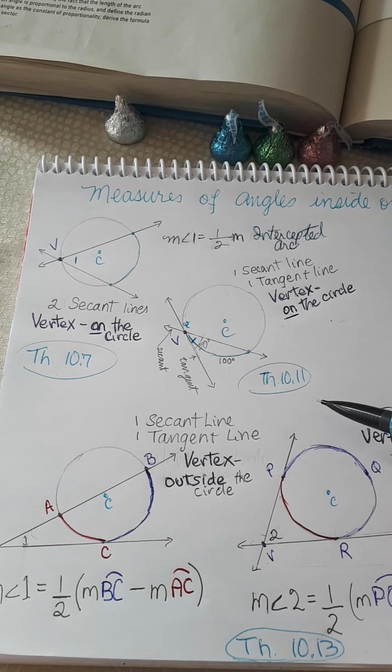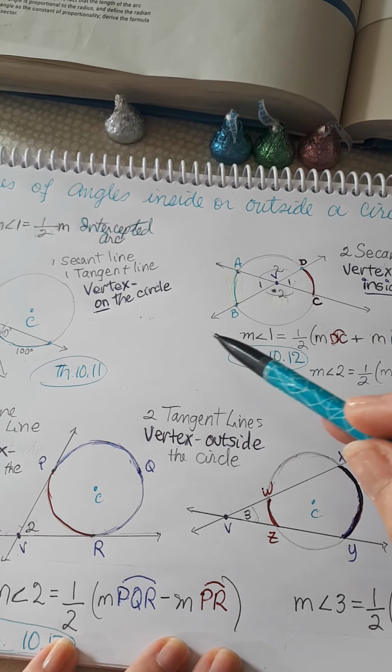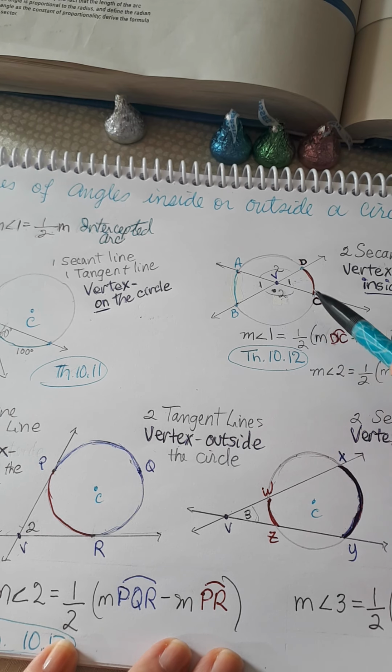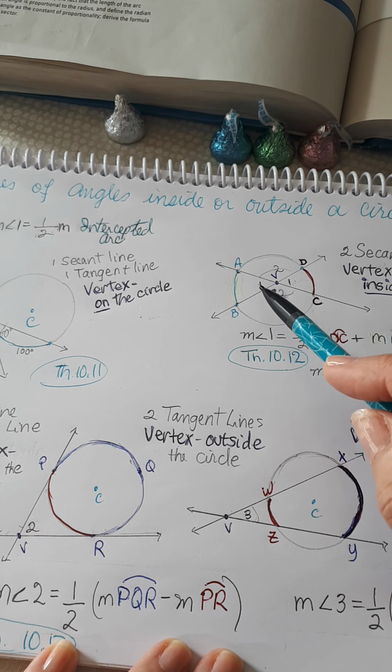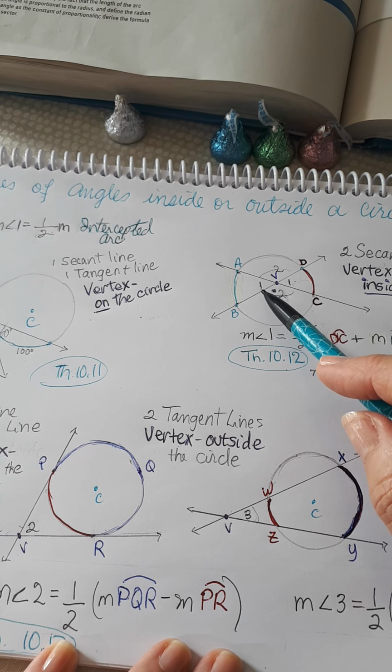Theorem 10.11. If the two lines intersect inside the circle, the vertex of the angles is inside the circle, we're going to have a vertical angle 1 on the other side.